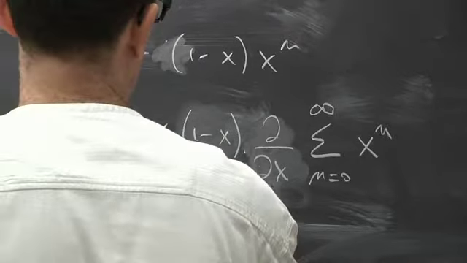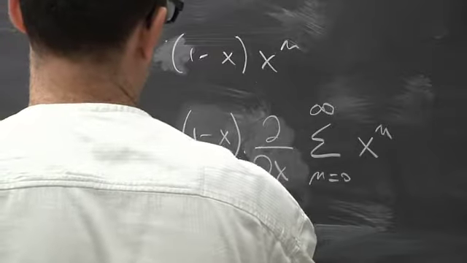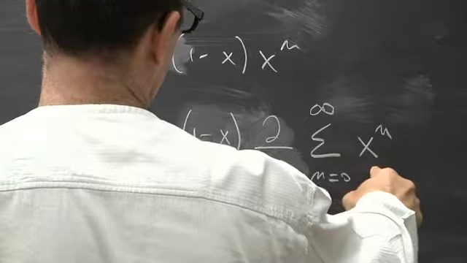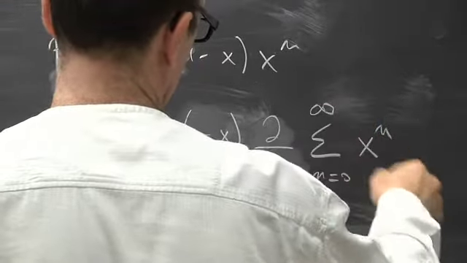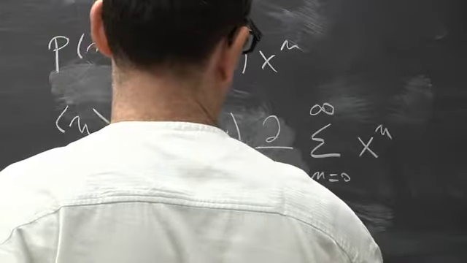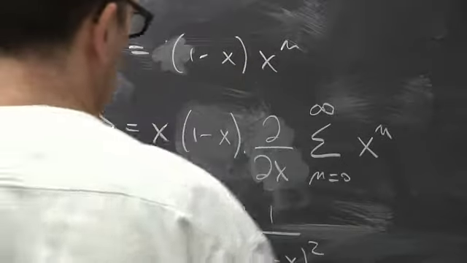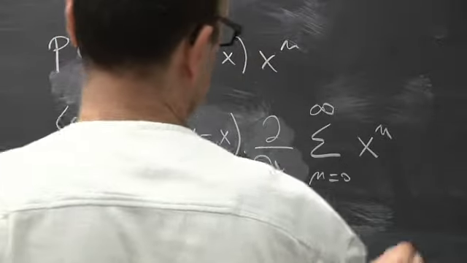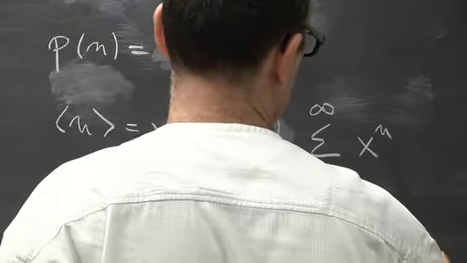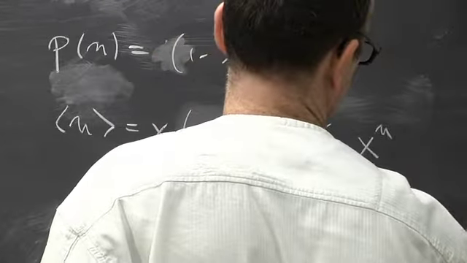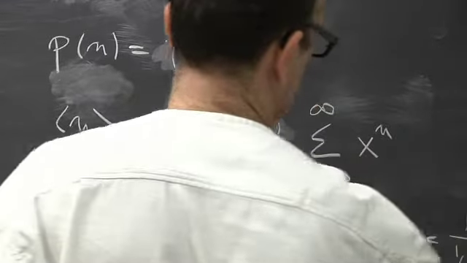And then this is x times 1 minus x, times the derivative of the sum, which is 1 over 1 minus x squared. So this is x divided by 1 minus x, which is 1 over 1 over x minus 1.